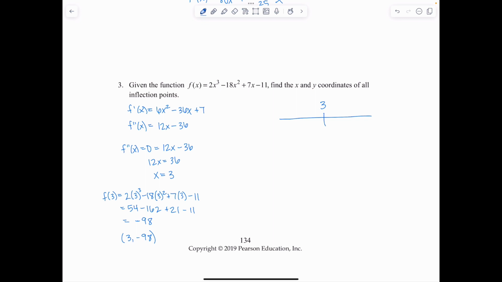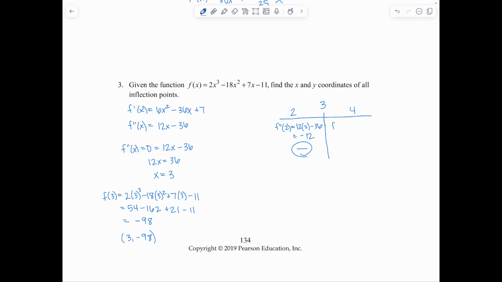So I'm going to look at 2 and I'm going to look at 4. So my second derivative, if I plug in 2, then I'll have 12 times 2 minus 36. So that will give us negative 12. So it's negative on this side of the 3.